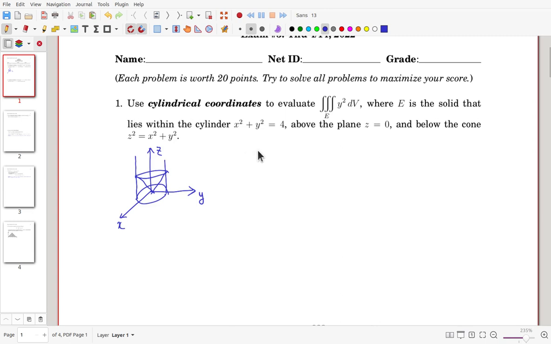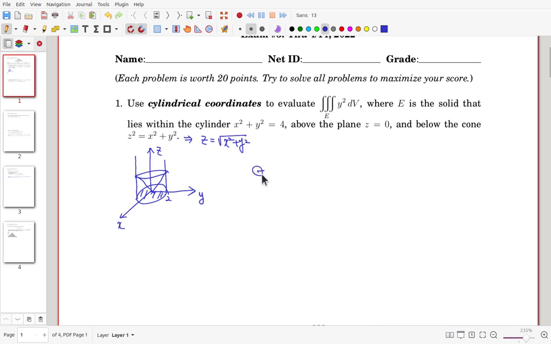For a triple integral, particularly for cylindrical coordinates, you have the polar region on the bottom, and the vertical direction is from bottom z to top z. Here top z equals the square root of x squared plus y squared.